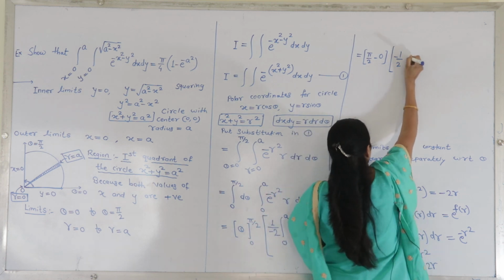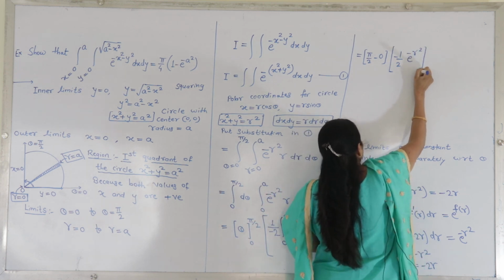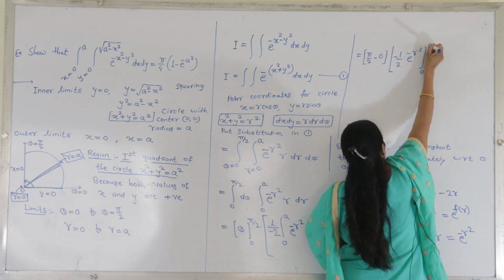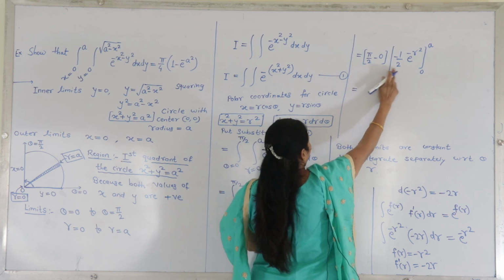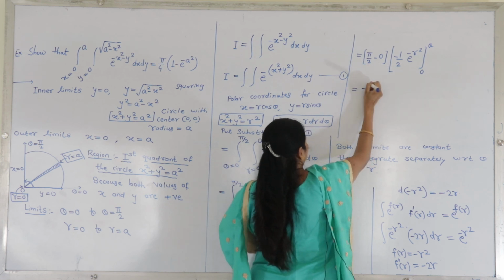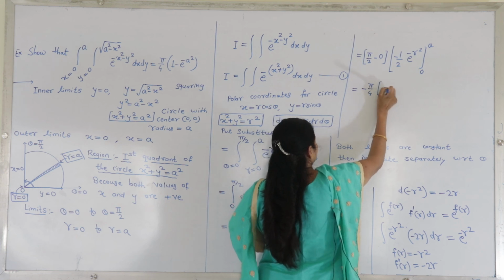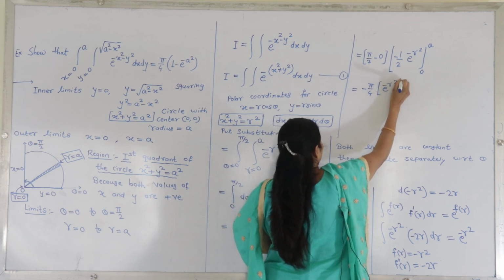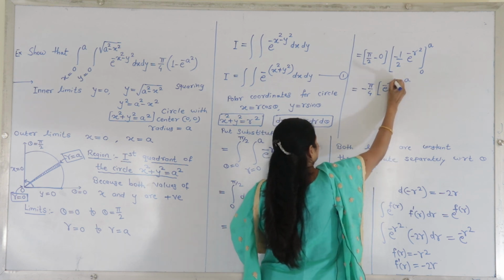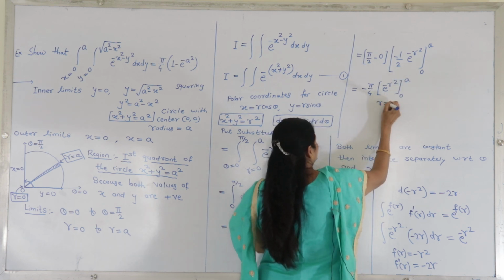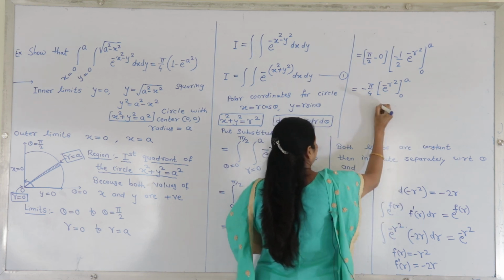It is very simple. Limits 0 to a. Now pi by 2 into minus half, minus pi by 4. Then the limits of e raised to minus r square from 0 to a: upper limit is r equal to a, lower limit r equal to 0.